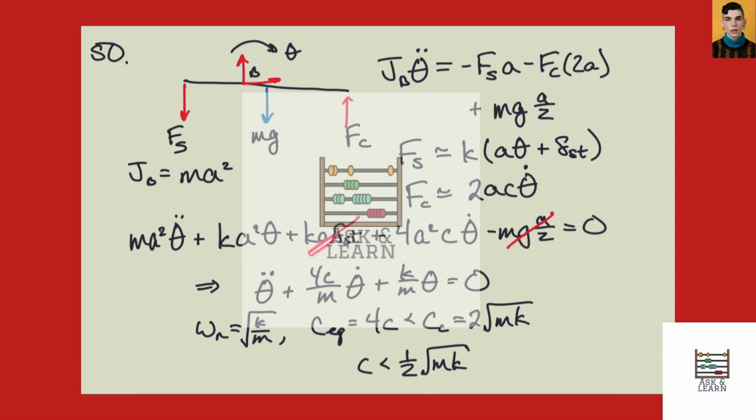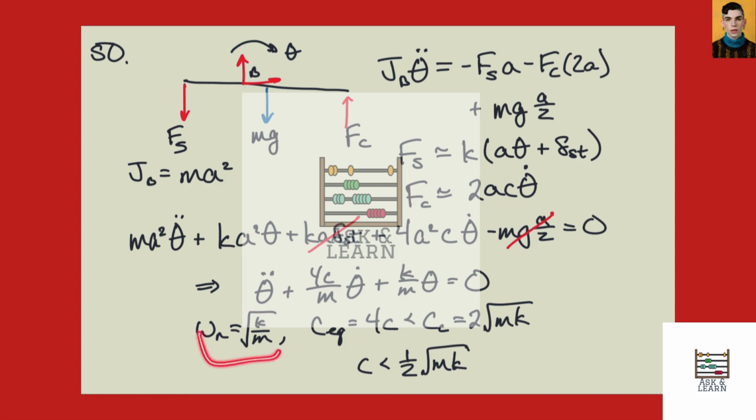But the static deflection is defined so that it cancels out the gravitational contributions. So this cancels with that, and that means theta is measured from the equilibrium position, which in this case would be slightly rotated clockwise, because the center of mass is to the right of the pivot point. We can then cancel out a's everywhere and divide through by m, and this becomes our equation governing the motion.